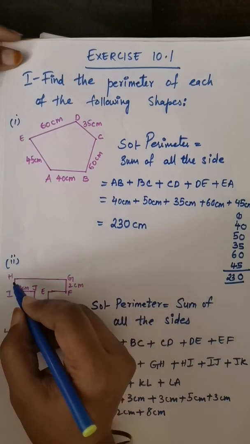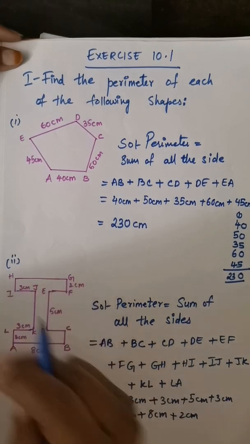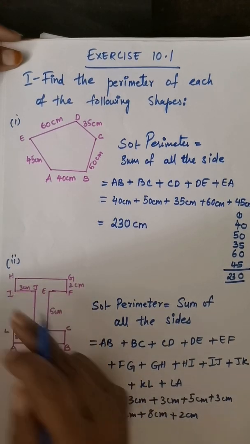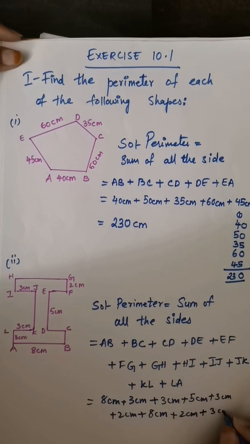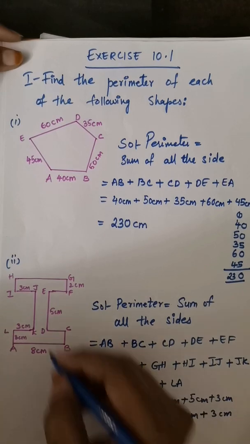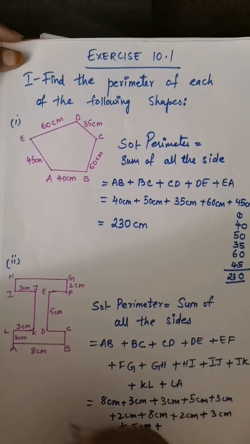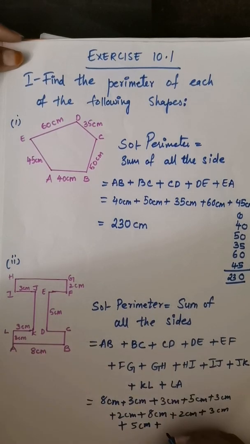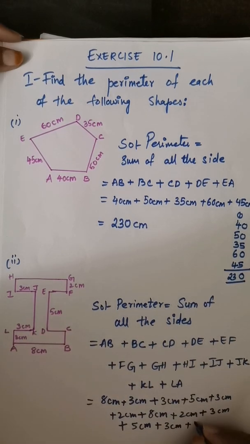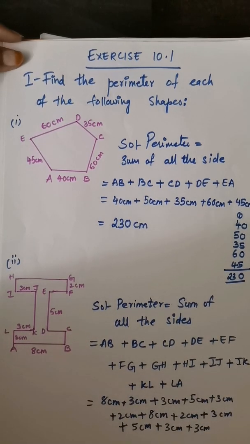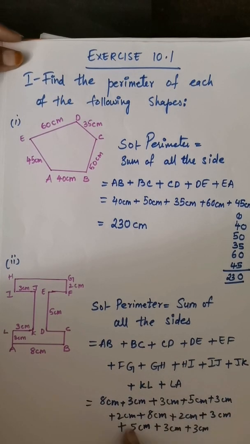Then this one is 2, so this one is also 2. Now this is 3. Then this is 5, so this one is also 5. Plus this is 3. This much is 3. So 12 should be there. We'll count 1, 2, 3, 4, 5, 6, 7, 8, 9, 10, 11, 12.